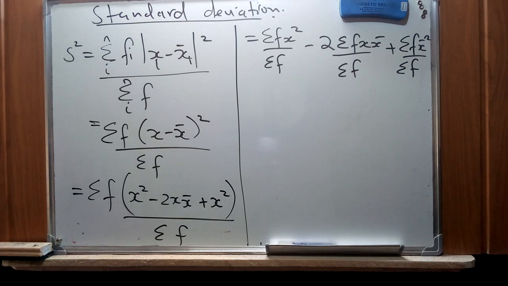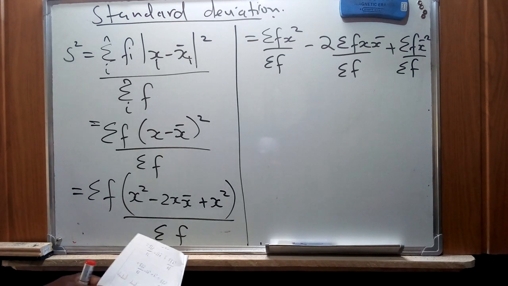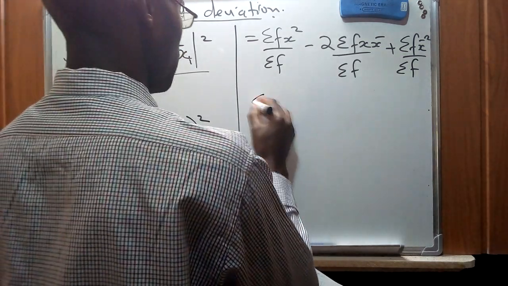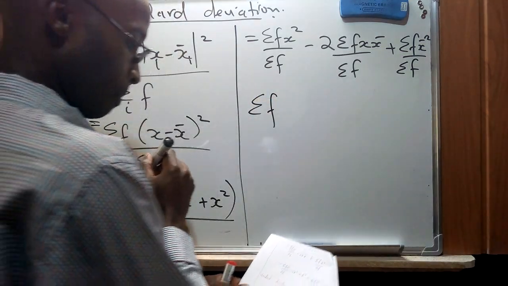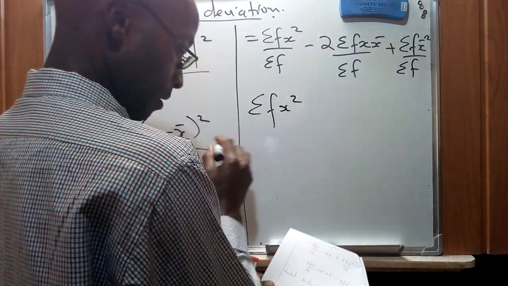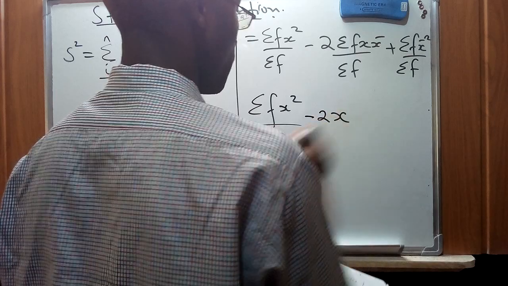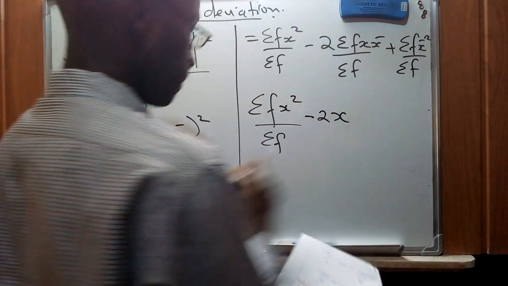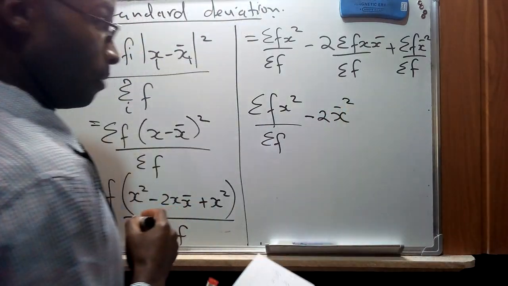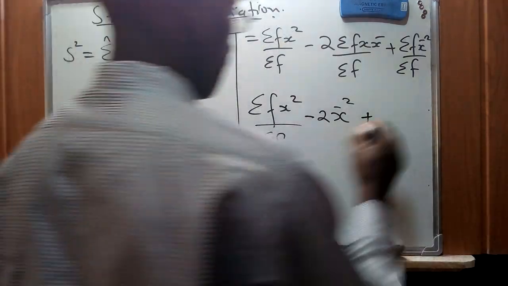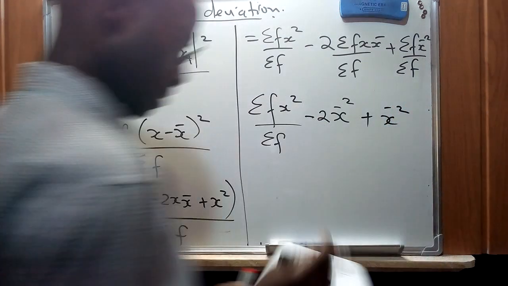So this is going to give us, if we simplify the first two parts of the formula, the summation of fx squared over the summation of f, minus 2 x bar squared for the mean, plus x bar squared.